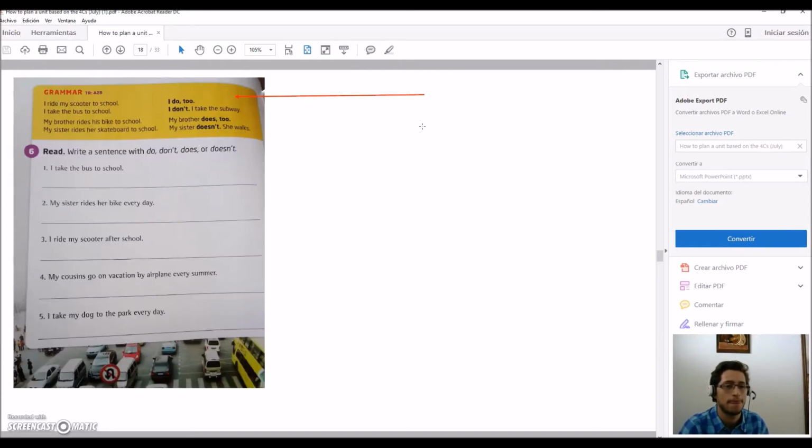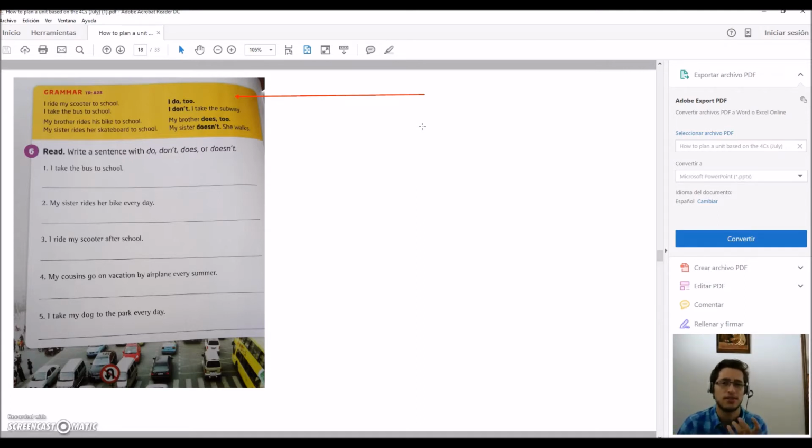Very good. But then I found that students are going to learn some grammar too. In this case, it's simple present, and they are learning how to reply in short answers. I do too, I don't. My brother does. My sister doesn't. And so on.